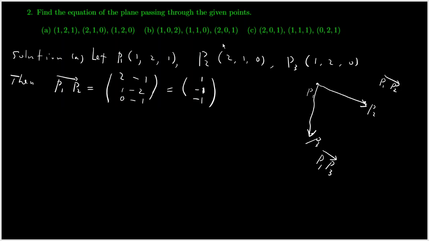You also need to get the three components of P1, P3. That's the vector with initial point P1, terminal point P3. Correct me if you see anything wrong. Now look at P1, P3. The difference between the two x coordinates is 1 minus 1, and then 2 minus 2.